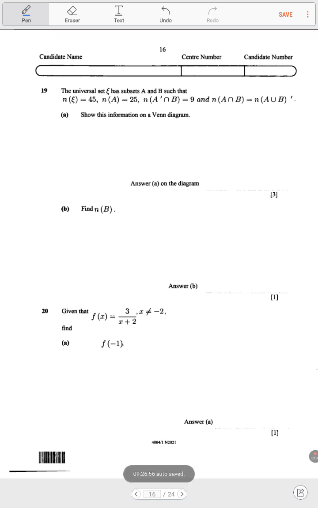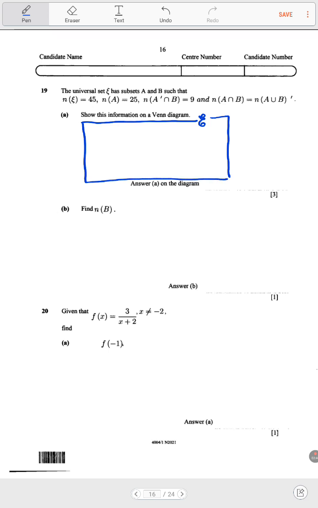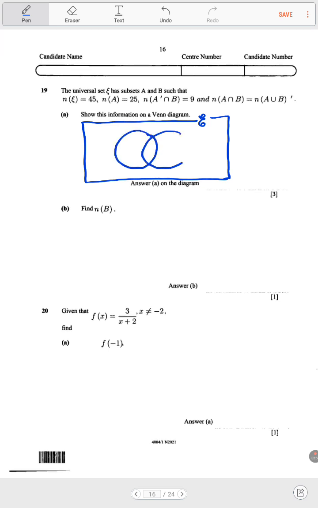So here I'm going to draw a Venn diagram which represents the universal set. So all the elements here inside the universal set are 45, and we're going to draw two sets with an intersection, that is A and B.